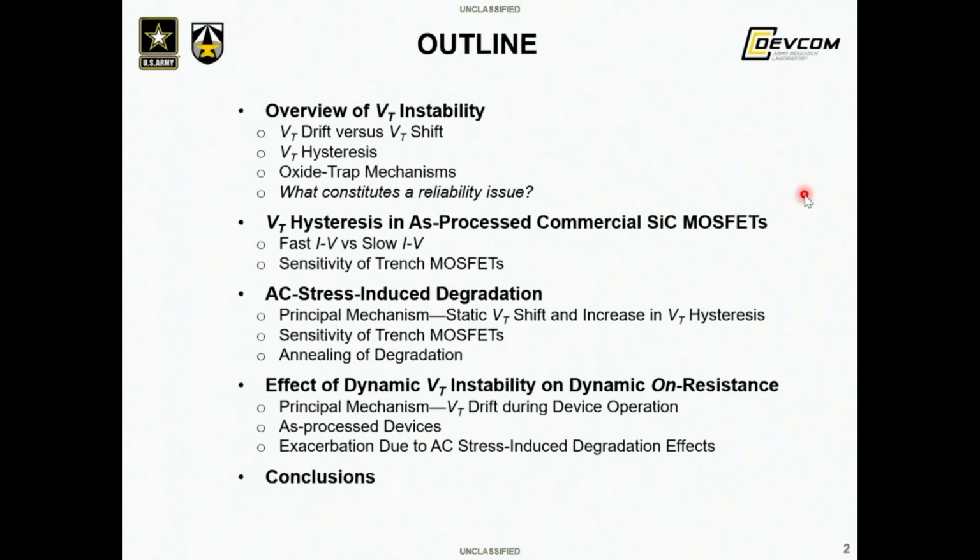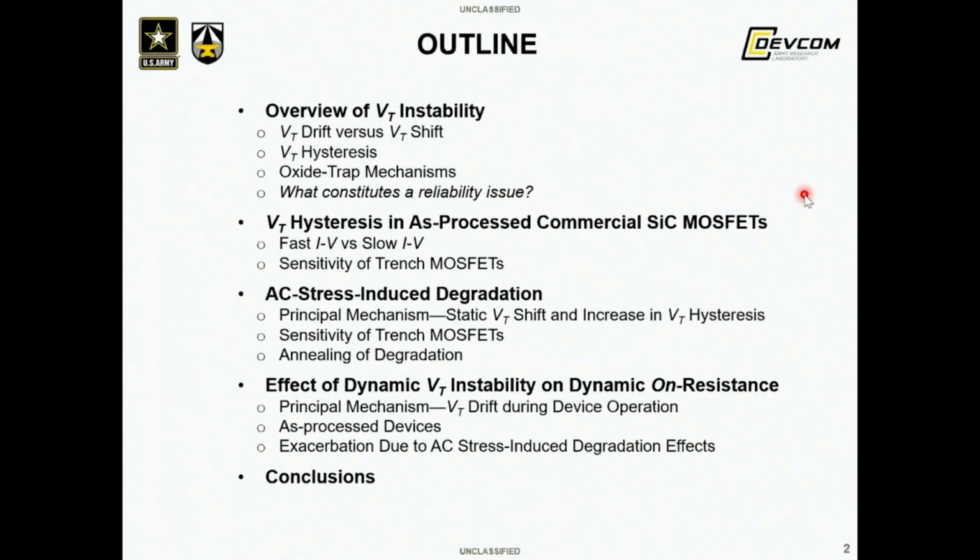Then the next section will be on the AC stress induced degradation, also known as gate switching stress. I'll discuss the principal mechanism, which is a static VT shift due to seemingly permanent charge trapping and accompanying increase in VT hysteresis. And again, highlighting the particular sensitivity of trench MOSFET devices, and particularly from one vendor.